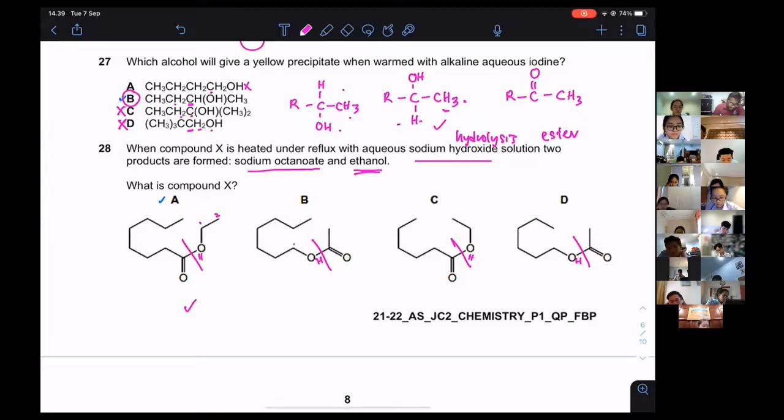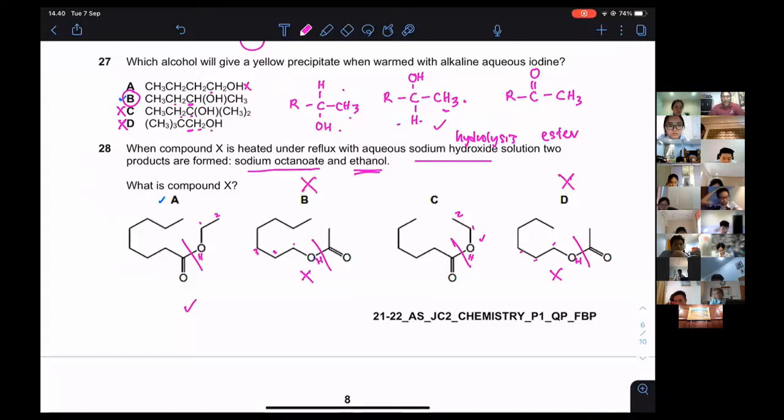You see 1, 2, 3, all this, not possible at all. You need 2 carbon alcohol only. Here, 1, 2, possible. You have many here, not possible. So from here, I have eliminated B and D.